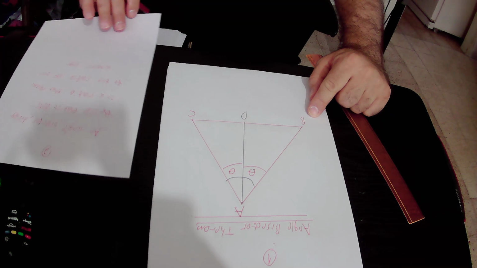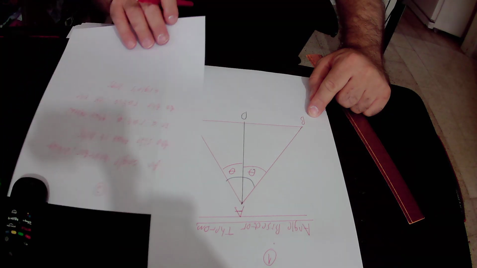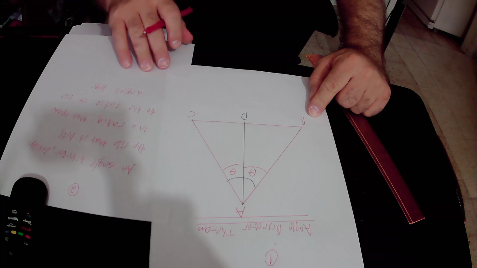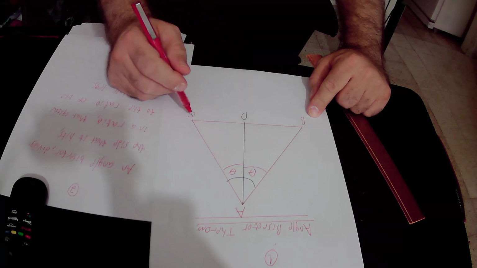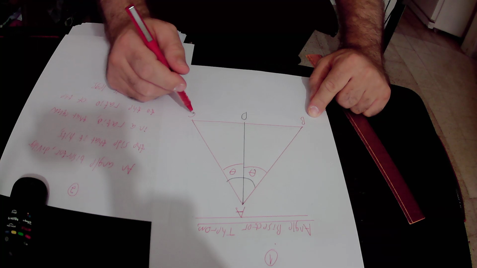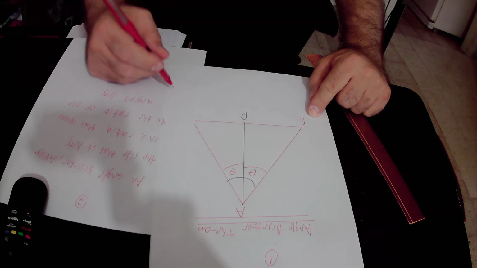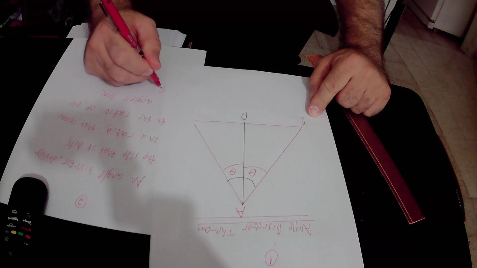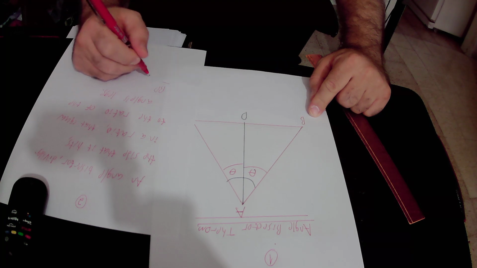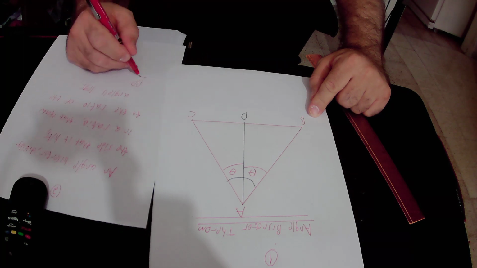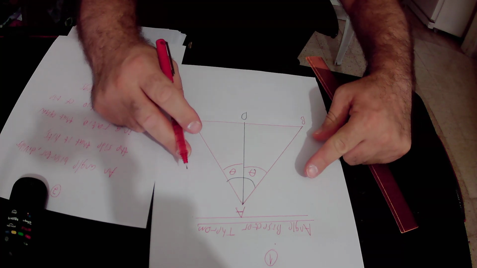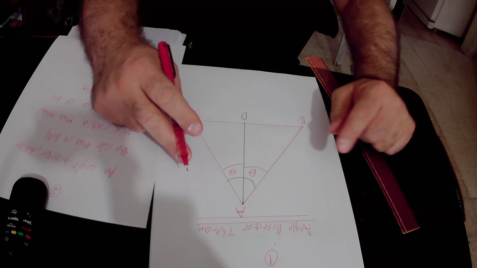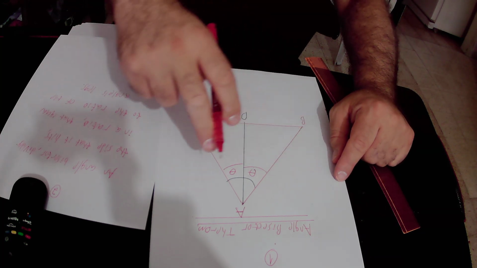So it divides the side that it meets, that is to say BC, in such a way that the ratio between BD and DC is equal to the ratio between the angle's legs, and the angle's legs are AB and AC.